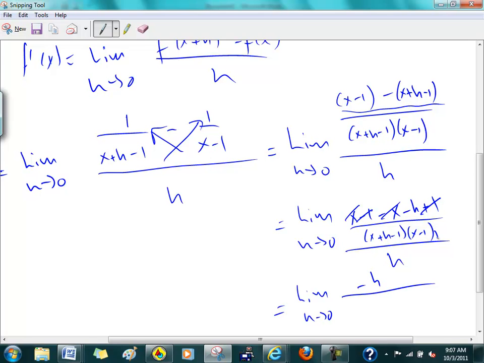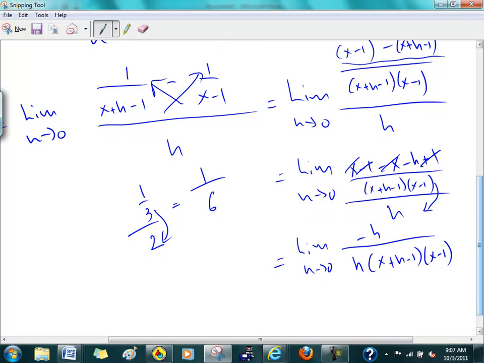Now, can I move this downstairs? Like, for example, if you had a third over 2, isn't that the same thing as 1 over 6? Right? This 3 gets multiplied downstairs. Are you with me on that? Okay, so then this guy becomes minus h over h times x plus h minus 1 times x minus 1. Now what do I do?